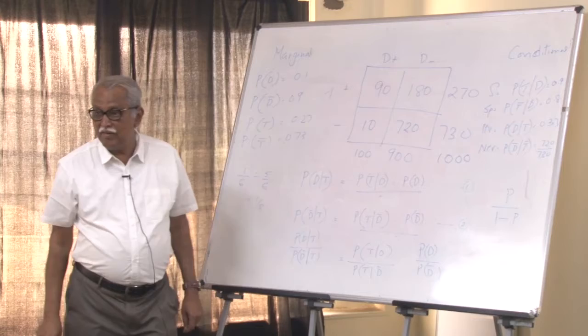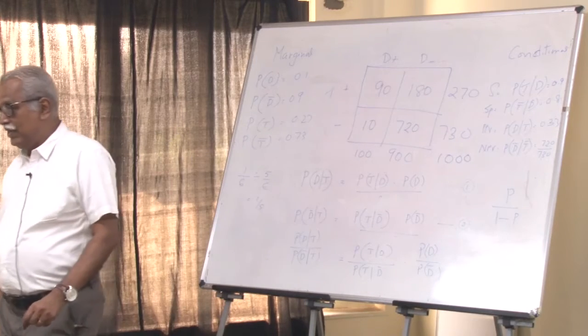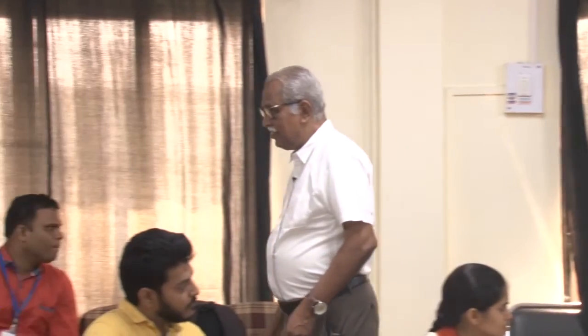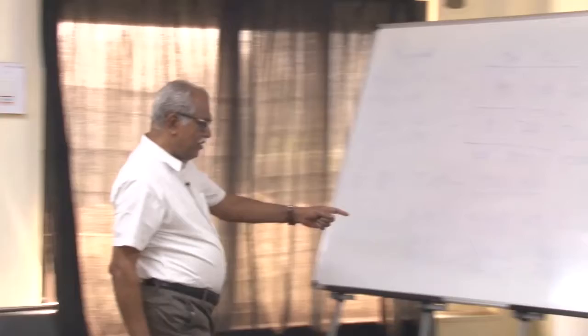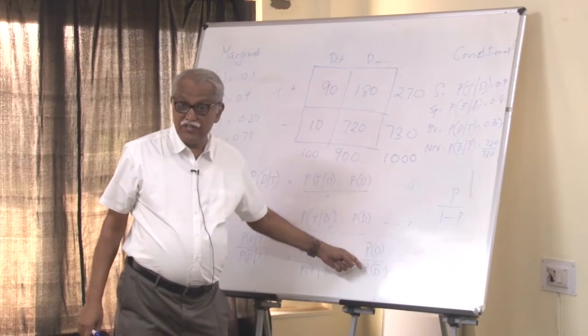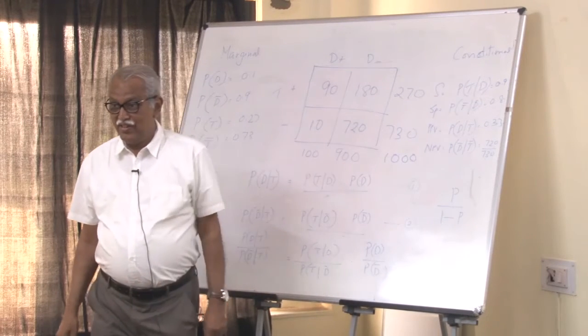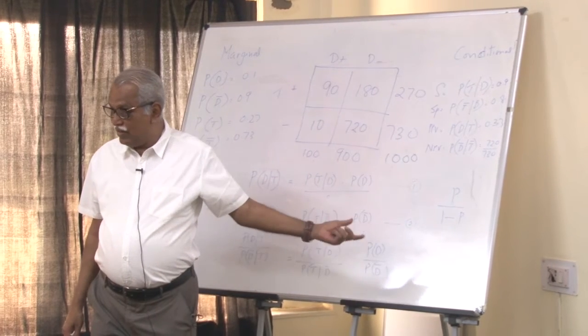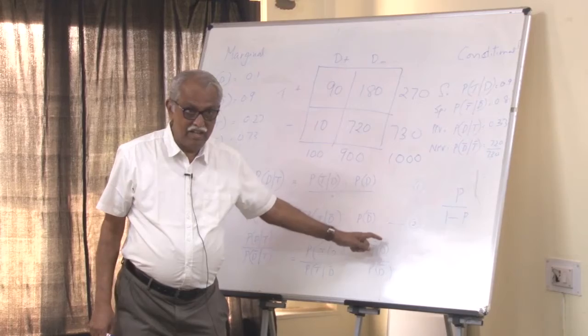So, P divided by 1 minus P is the odds. So in the equation, we don't have the probability of disease, we have odds for disease. Odds for disease is your equation here.